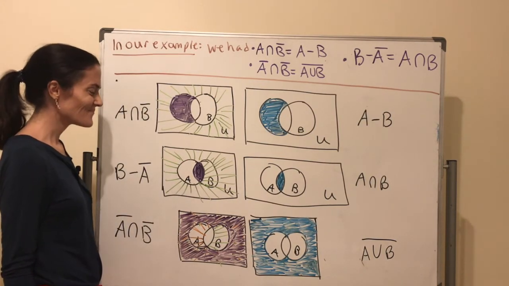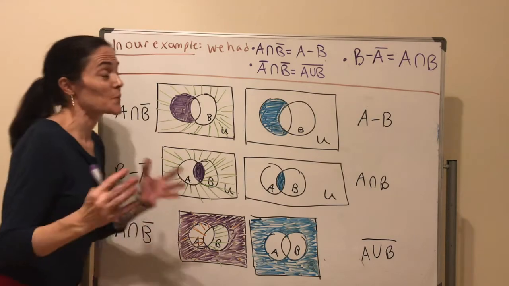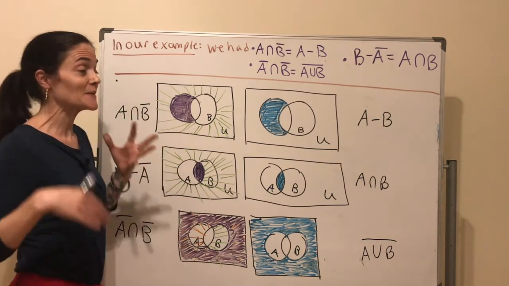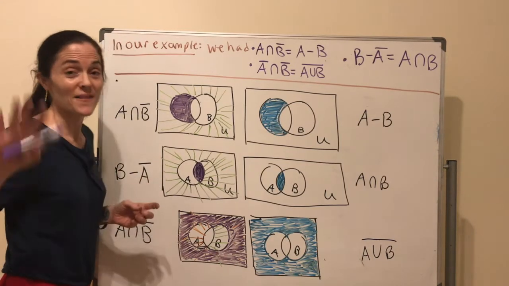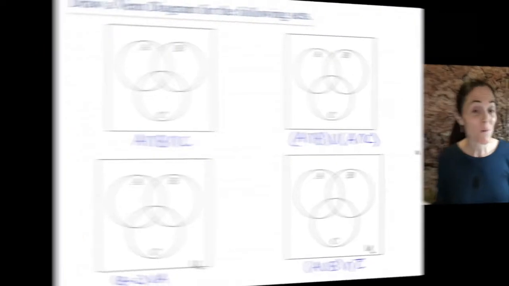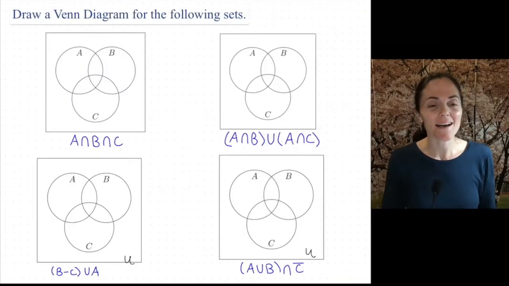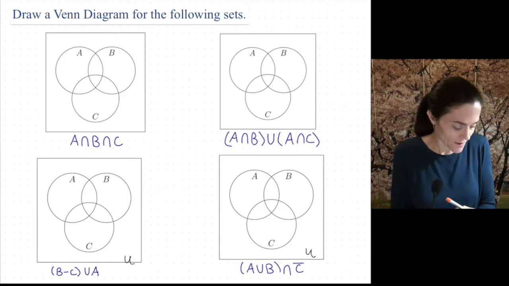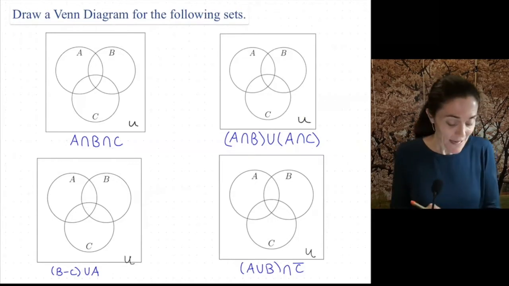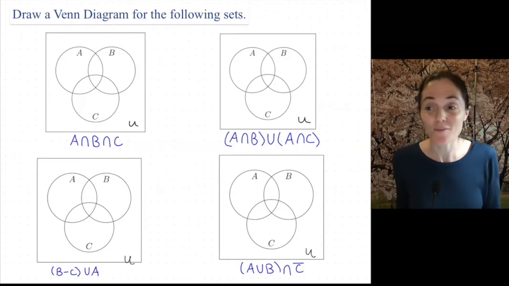Okay? Now, there's no reason to only work with two sets in a Venn diagram. In fact, we can say a lot with a Venn diagram on three sets. So let's do some of these now. Well, I have switched to my iPad for Venn diagrams with three sets. But you see here, and maybe in these top two, I need to label my universe, U. This is how we draw a Venn diagram for three sets.